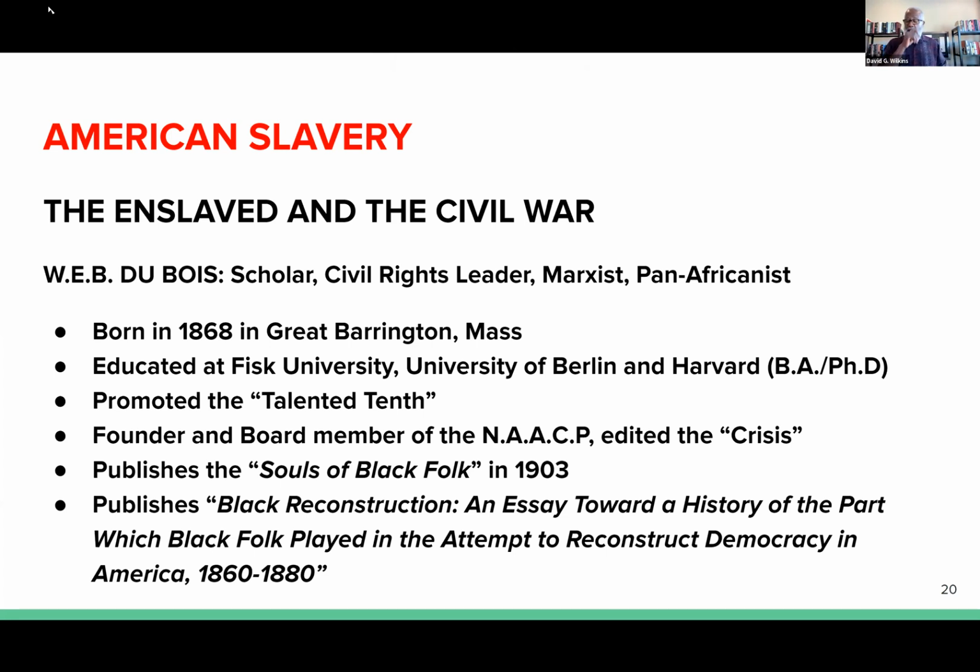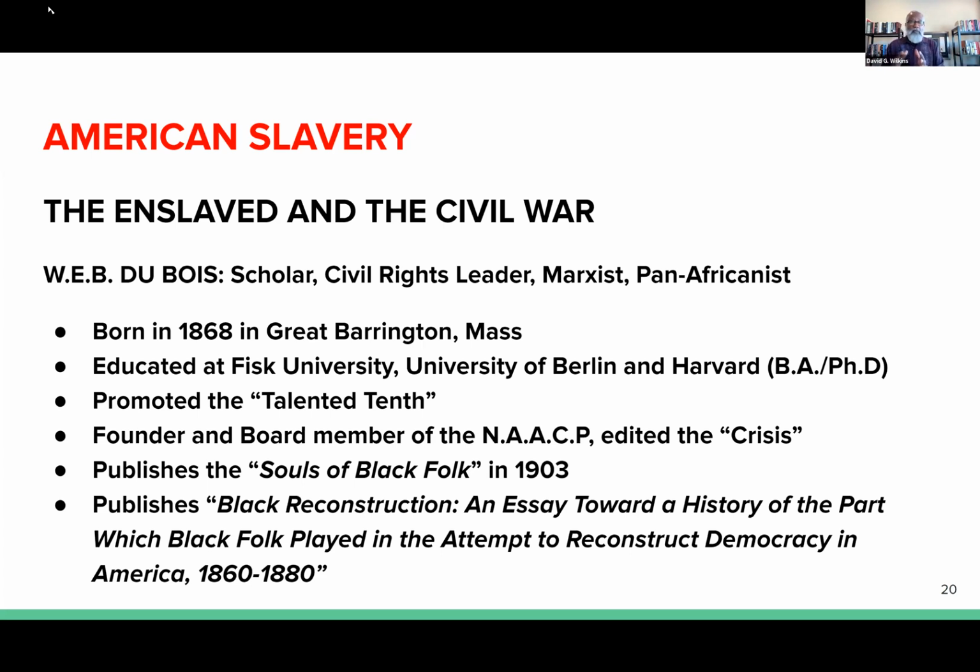Eric Foner's more contemporary work was built on the work that Du Bois began in his Black Reconstruction, and it was the scholarship that would present the first and greatest challenge to the lost cause ideologies of the Dunning School.